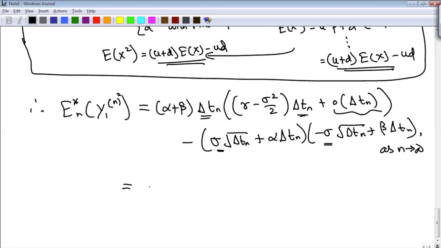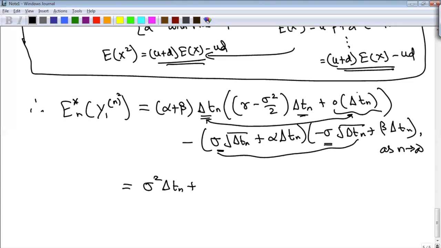So this entire thing, this into this will give a higher order term, so you will club them all together. So only this term I will keep, sigma square delta tn, plus all other terms. These all will go with delta t square, whereas this multiplied with this, and similarly this multiplied with this will go with delta tn to the power of 1 plus 1 by 2, that is 3 by 2 and so on.